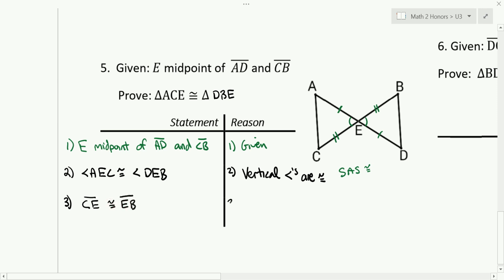Why? Because... Where does it say bisect? I don't see that. I'm just looking at the wording here. Ty, help him out. What do you say?